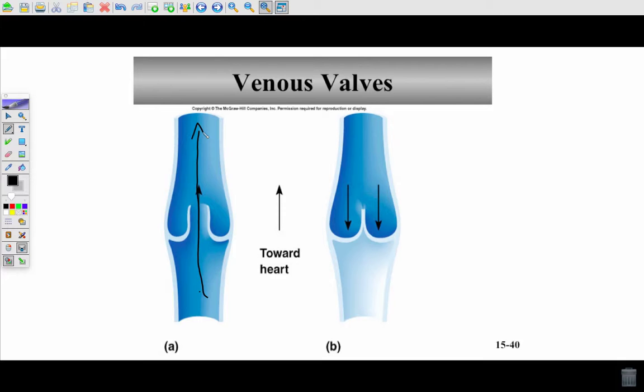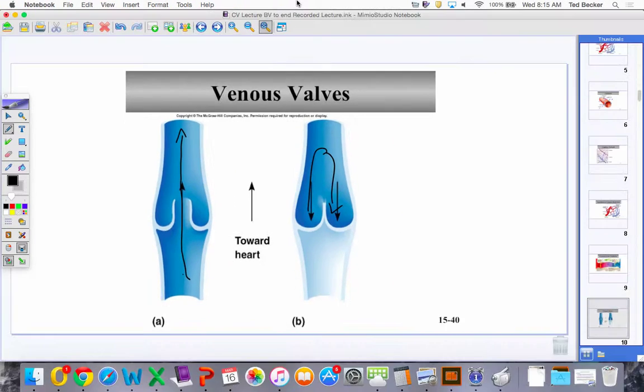So as blood flows up, especially think of in your legs or your arms, blood flows up, then it will settle back down here, and that will cause these valves to close. And this just keeps the blood from being pulled back down by gravity as it makes its way back to the heart.